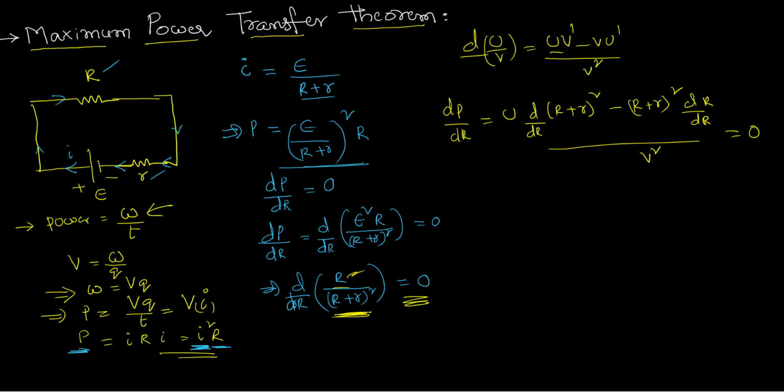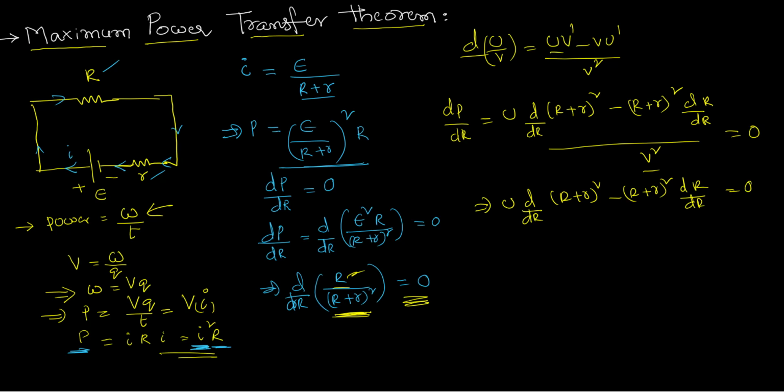If I equate that to 0, the denominator term goes to the other side and becomes 0. Then U d by dR of capital R plus small r whole square minus capital R plus small r whole square, differentiation of R by dR is equal to 0.